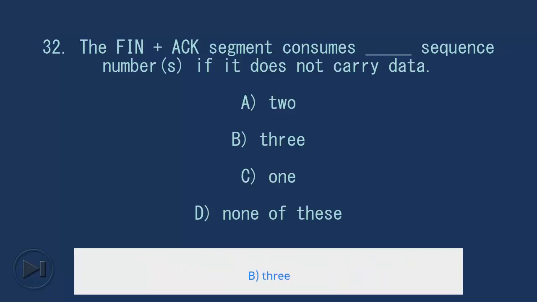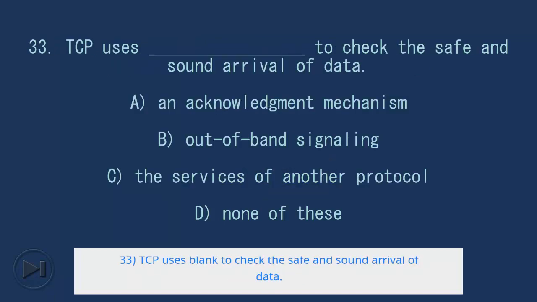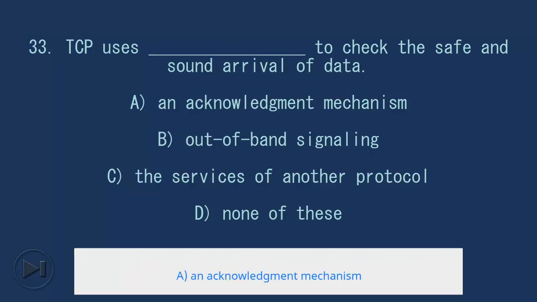B. 3. C. 1. D. None of these. Answer, C. 1. 33. TCP uses blank to check the safe and sound arrival of data. A. An acknowledgment mechanism. B. Out-of-band signaling. C. The services of another protocol. D. None of these. Answer, A.